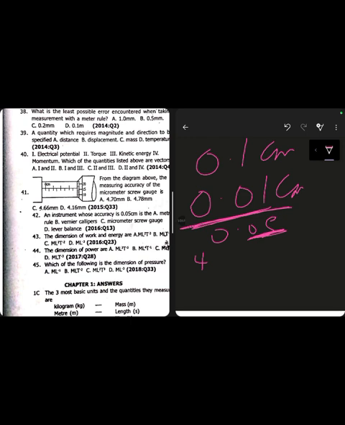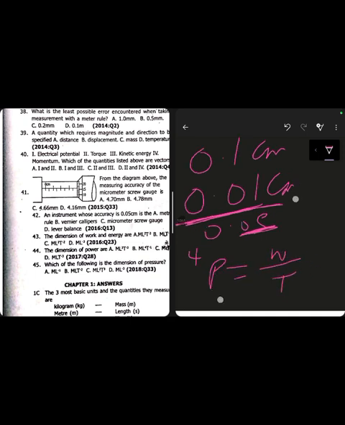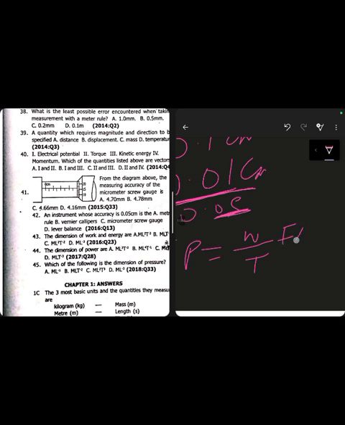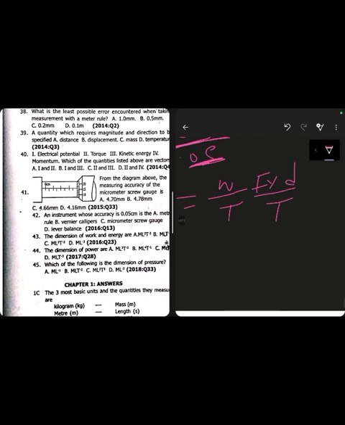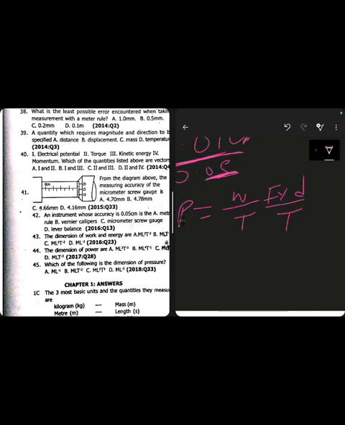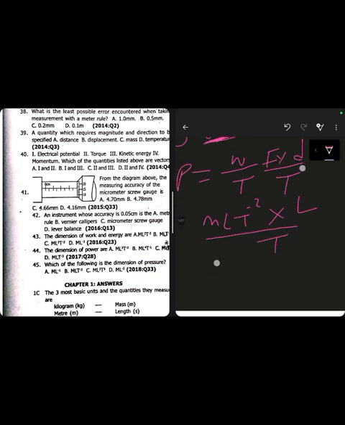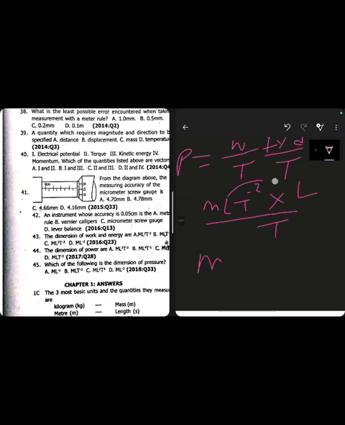44 is also easy. Power is work done over time. From there, you can split work done into force times distance all over time. Then we know that force is m L T to the power minus 2, times distance, which is L, all over time. L times L gives me L squared.